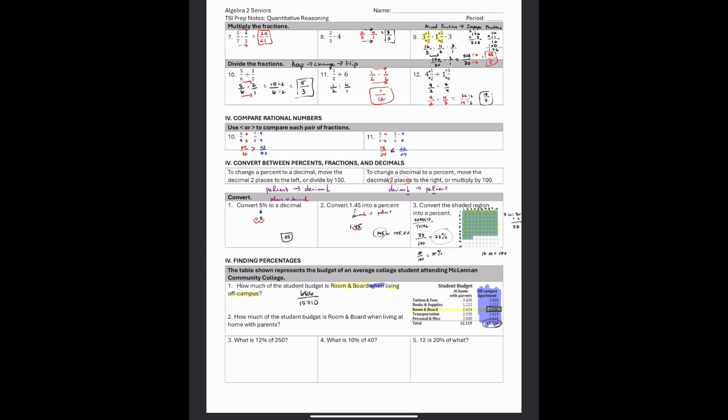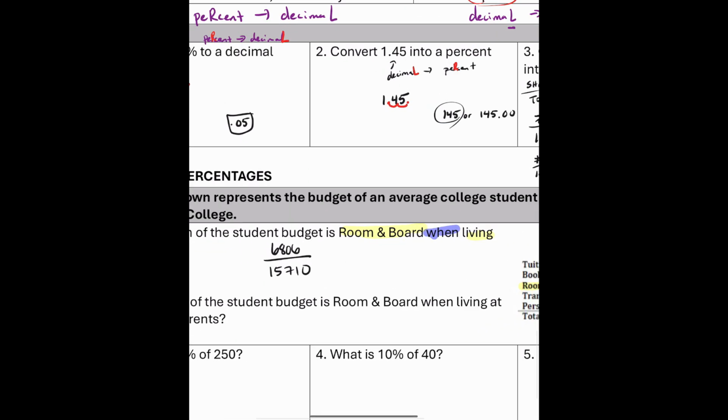This is probably where the TSI says, hey, let's just use a calculator to figure this out, right? So what you would do is punch in $6,806 divided by $15,710, okay? So that is going to be, as a decimal, 0.43.